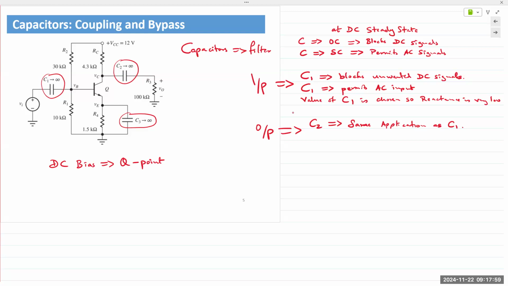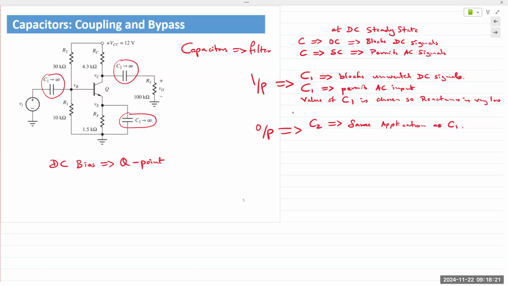It'll just be like a buzzing noise through that speaker. And so we block that buzzing sound by blocking the DC component and applying the capacitor. Okay, makes sense, right? So the input and the output side, the same thing.